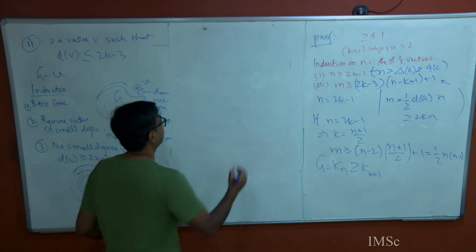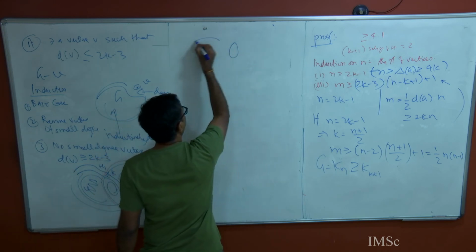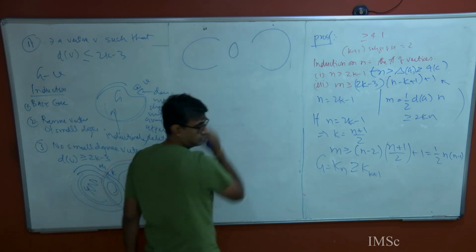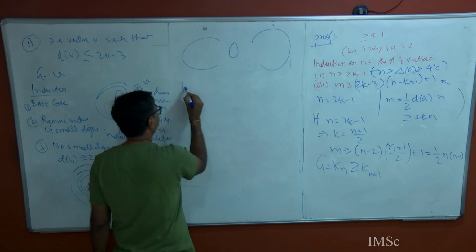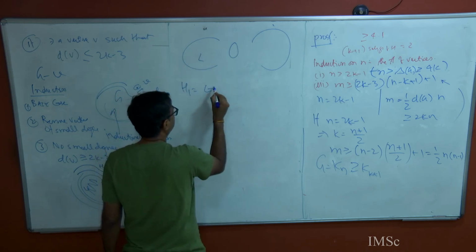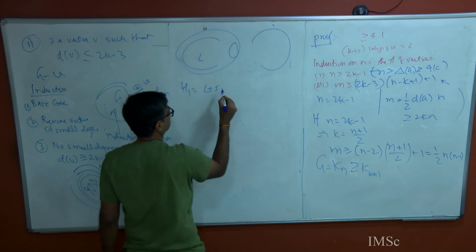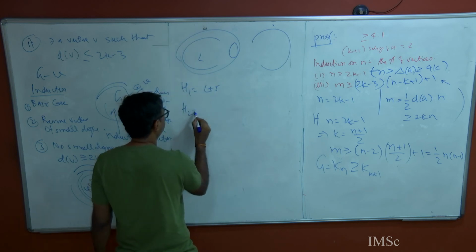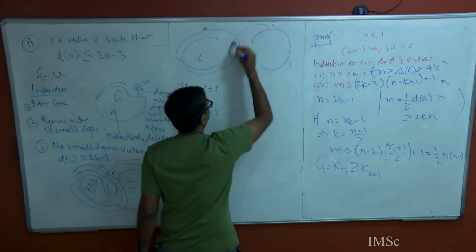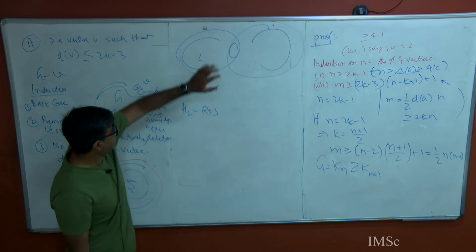So look at the separation. We have a left side and a right side. Now look at the graph H1 as left plus separation. Your H2 graph is right plus separation. Now look at this.